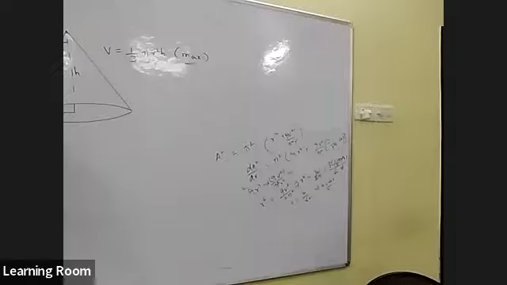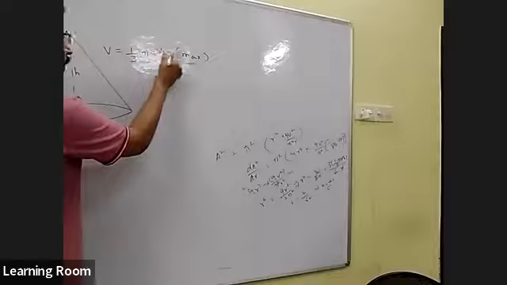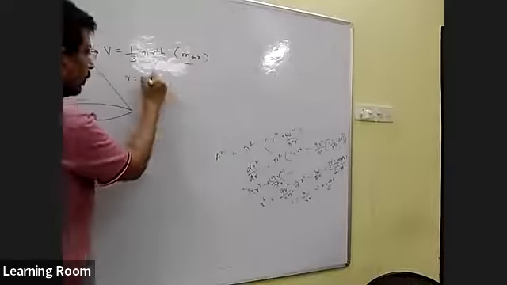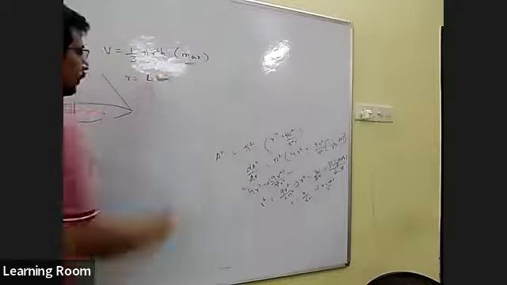Wherever angles and right angles are there, what will you think of? Go with trigonometry. If you observe the volume, you can't directly differentiate, but what can you do? The slant height is given, so it is constant. So what is changing? Alpha is changing. So R will be equal to L sin alpha.